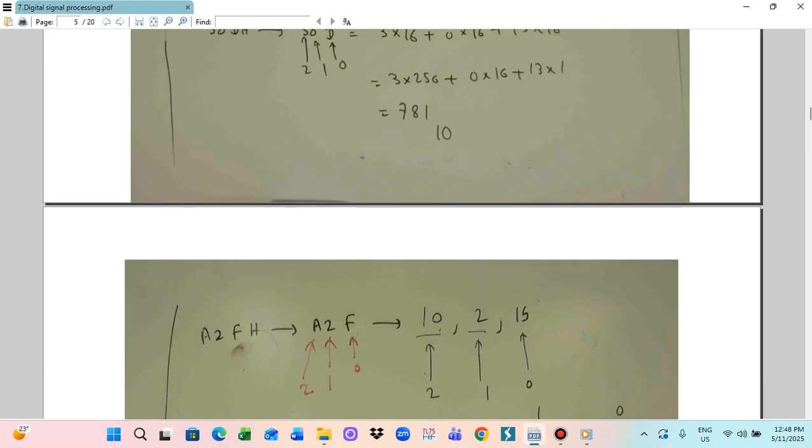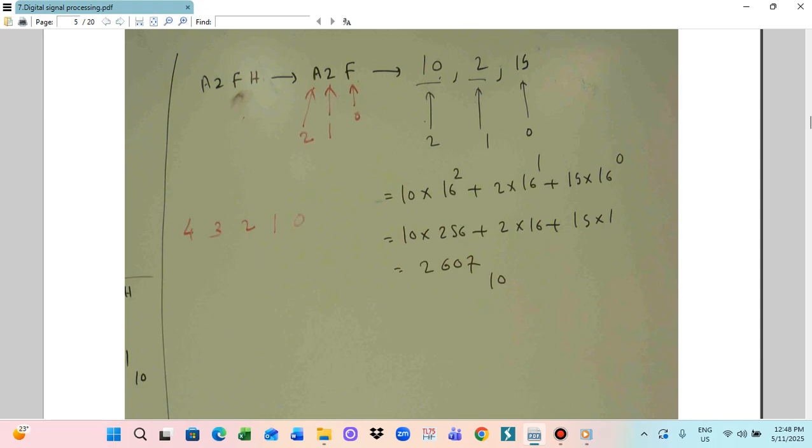And another one with the A2FH. So A2FH, you can simply write A2F. So A is similar to 10, and 2, and F. F is equal to 15.